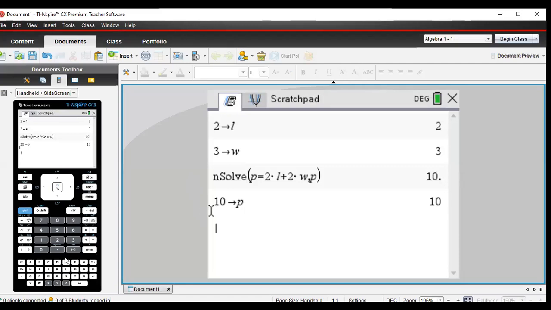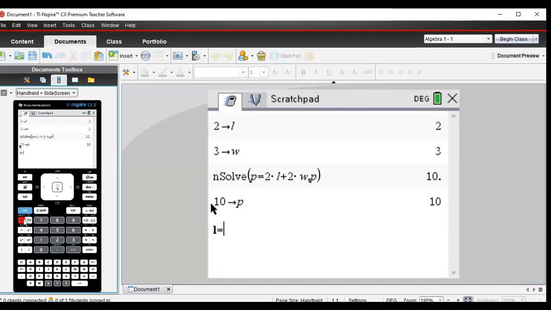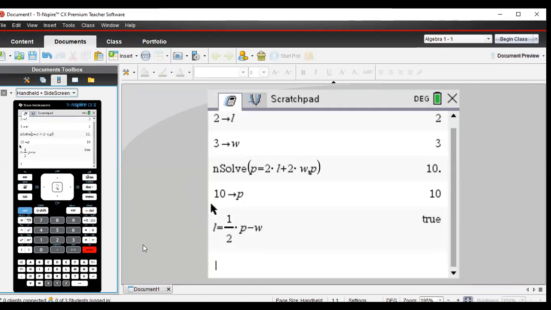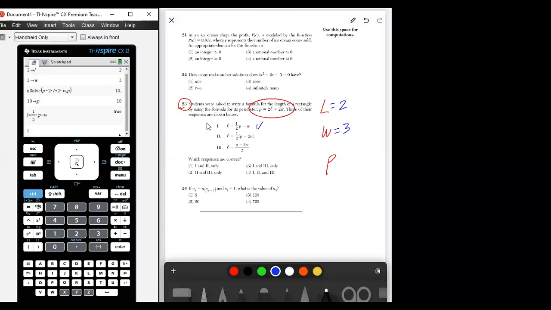The first one is L equals 1/2 P minus W. So this is going to be L equals 1/2 P minus W, not minus X, minus W. And then it says true. So the first one is true. I checked that one.